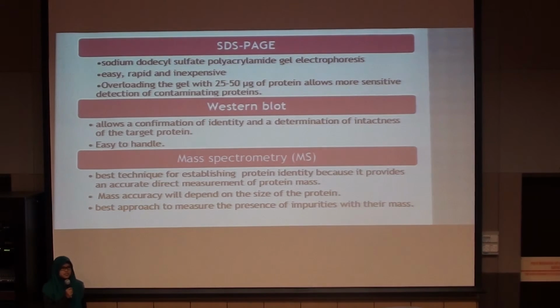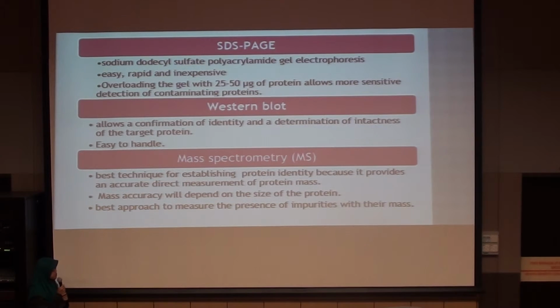Okay. Next, we can also use SDS-PAGE because it's very easy, rapid, and inexpensive. Overloading the gel with 35 to 50 microgram of protein allows more sensitive detection of contaminating proteins.